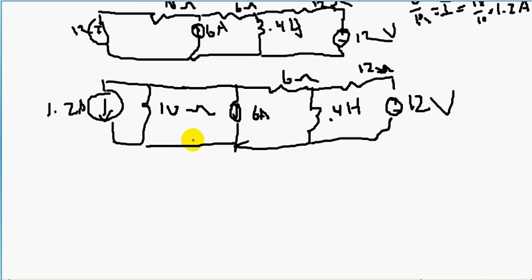Now notice that we have this independent current source in parallel with this independent current source. We can add independent current sources in parallel. We can add independent voltage sources in series. So we have these two independent current sources in parallel. If we add them up, we have the 6 amp going up and the 1.2 amp going down, so when you add them up, you have 4.8 amps going up.